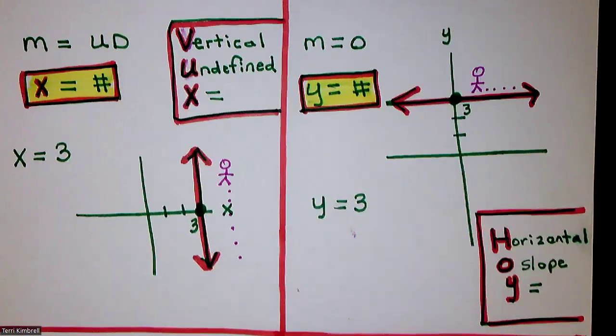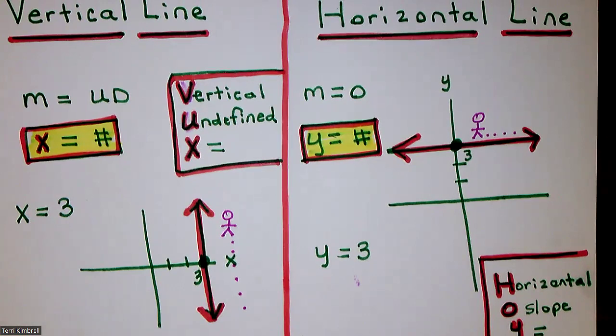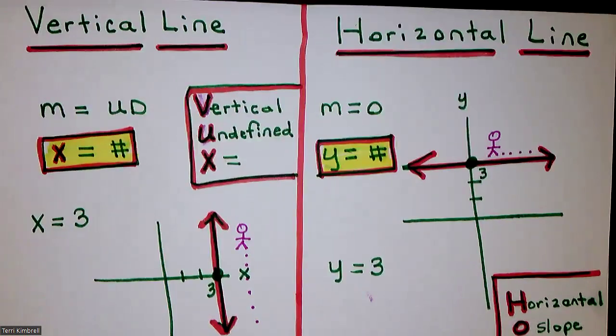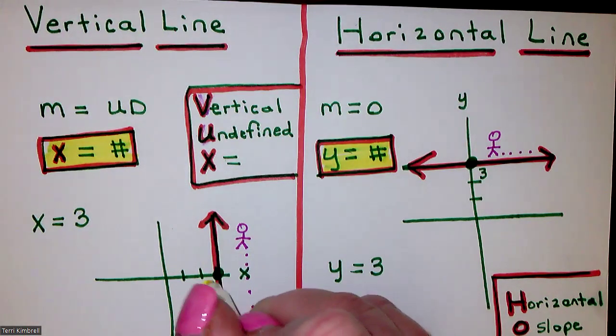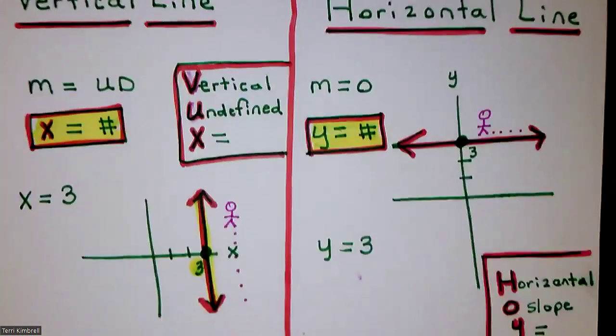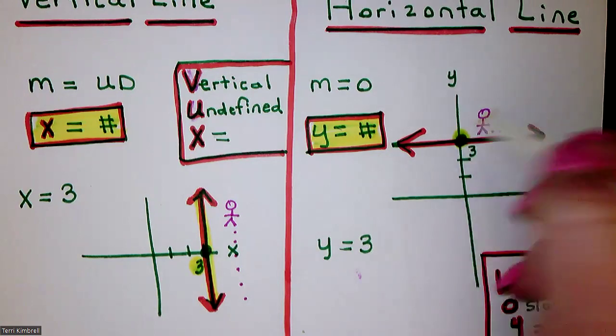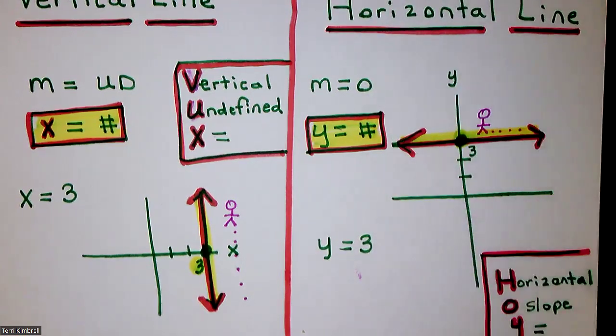Okay, so when you're drawing these two lines on your homework assignment, remember that you're only looking for an X and you're only looking for a Y. So if it's just an X, you find that number on the X and you draw a vertical line through it. If it's just a Y, you find that number on the Y and draw a horizontal line through.